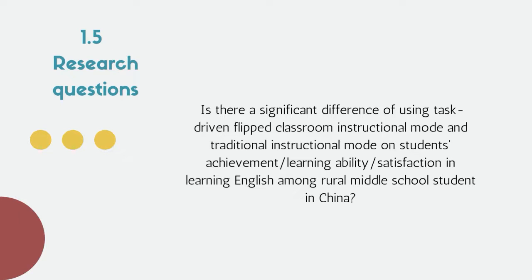The research question of this study is: is there a significant difference between the task-driven flipped classroom instructional mode and the traditional instructional mode on students' achievement, students' learning ability, and students' satisfaction in learning English among rural middle school students in China?